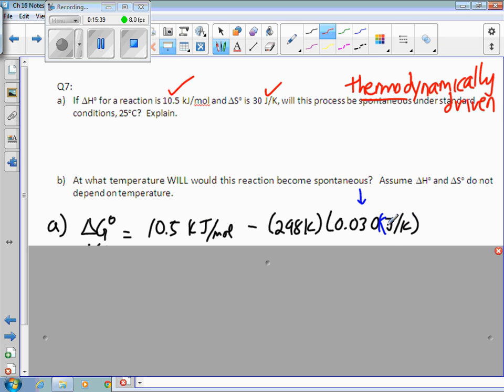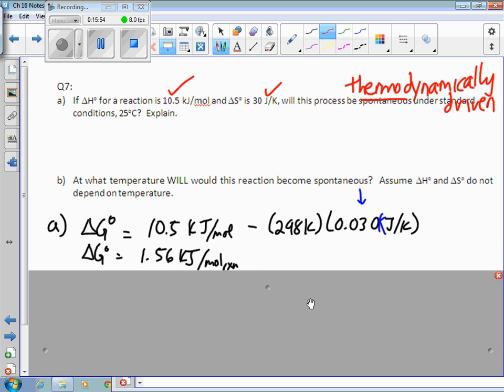So you have to make sure to convert them to both kilojoules or both joules, doesn't matter. I went ahead and converted the 30 joules to kilojoules, so I moved the decimal place over 3 spots. Okay, converted the temperature to Kelvin. So kind of doing the math, and as it turns out, delta G is 1.56 kilojoules for this process. So that means it is not favorable. Delta G is a positive number. It is not spontaneous, or not thermodynamically driven.